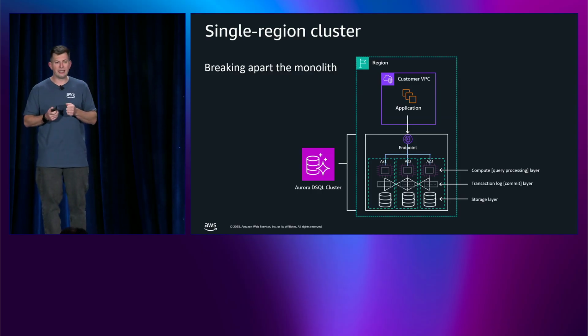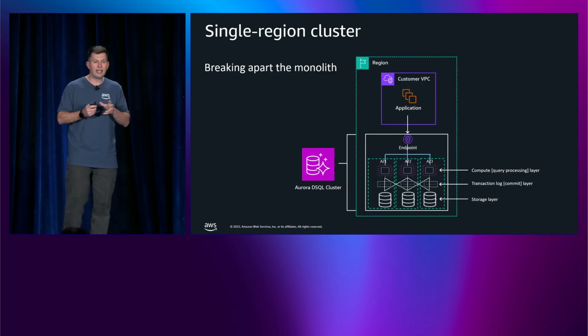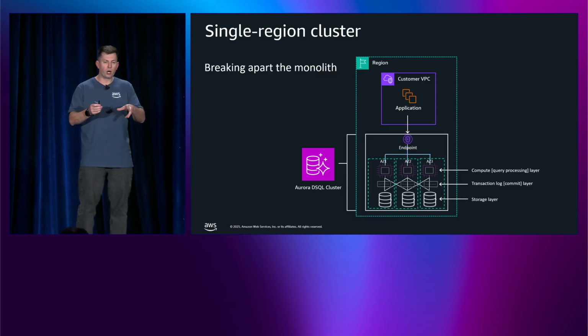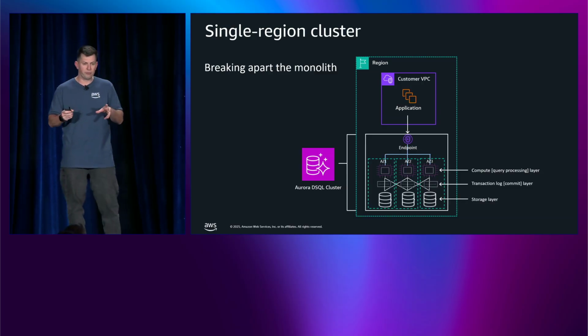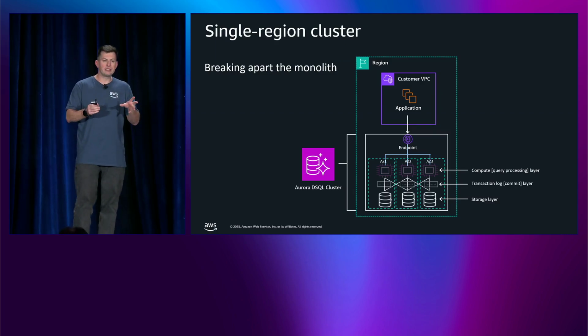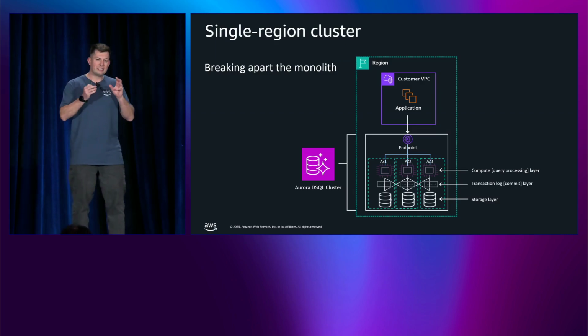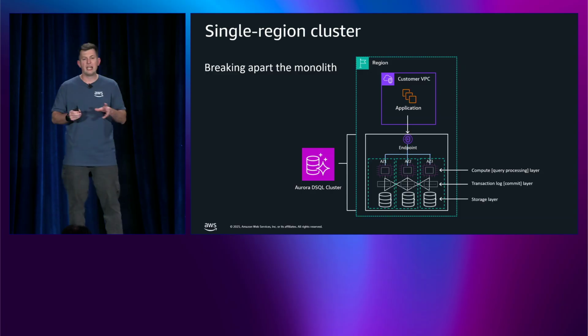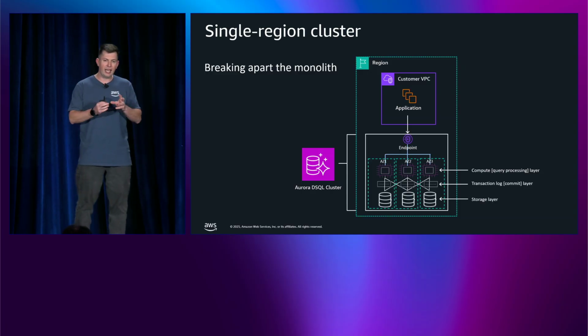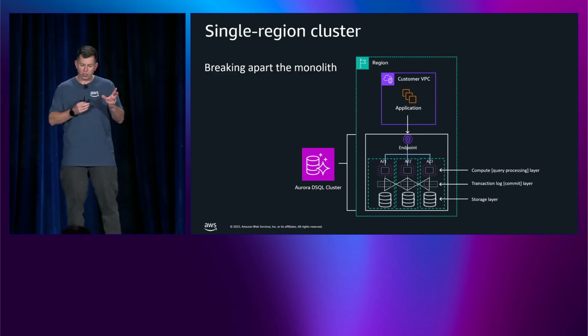Each of these components works independently and is tuned for its specific role. Each of these components works with a fleet of compute resources that can scale independently and can adjust to the workloads.